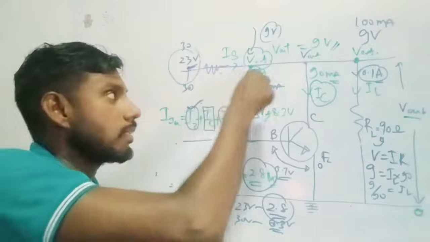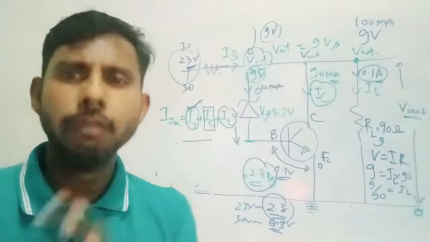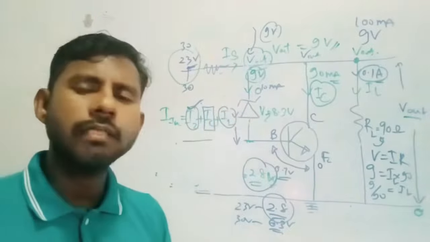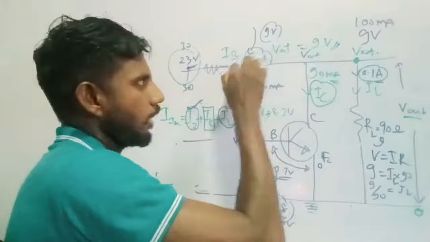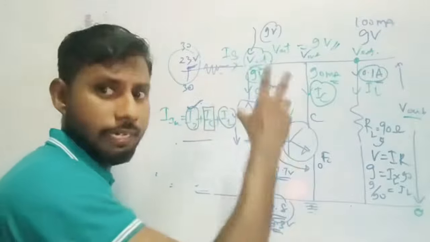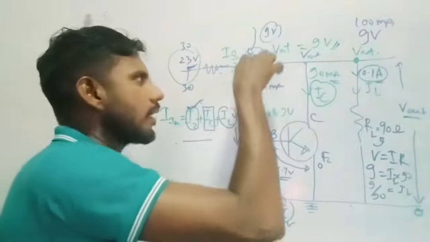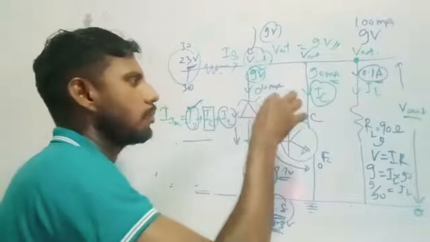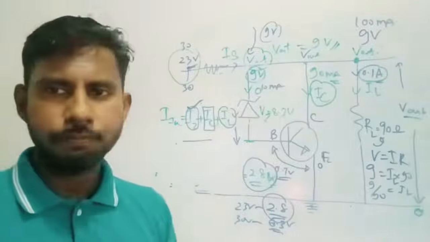So because of that, the potential drop at this point might vary. But remember students, the Zener diode and transistor will not allow it to happen. What basically happens is, when IS current increases, this will make sure that the current goes through the Zener diode by maintaining 8.3 volts. That's the ability of the Zener diode.